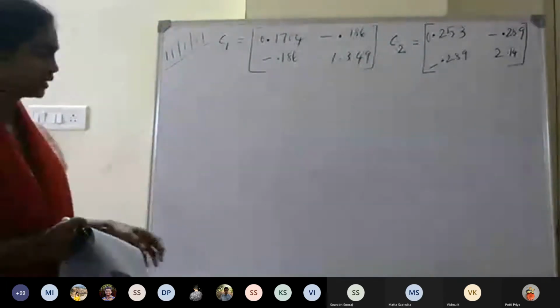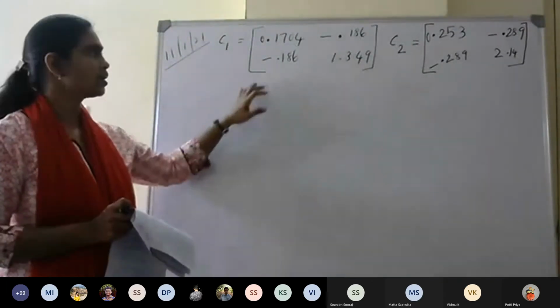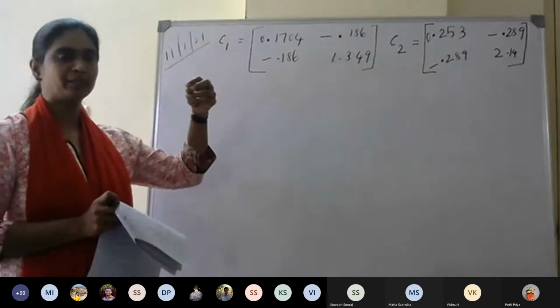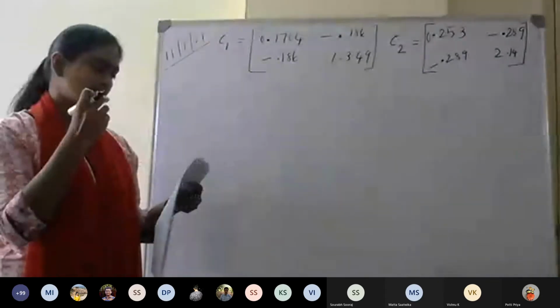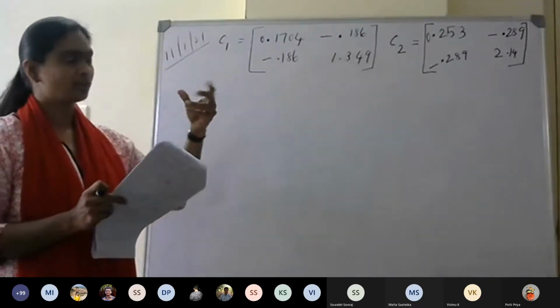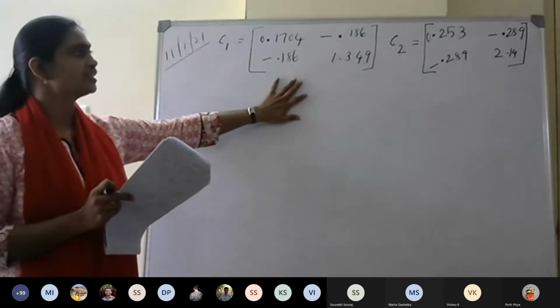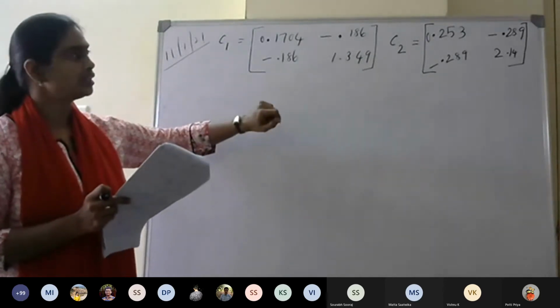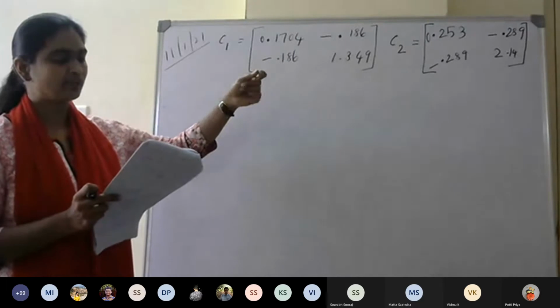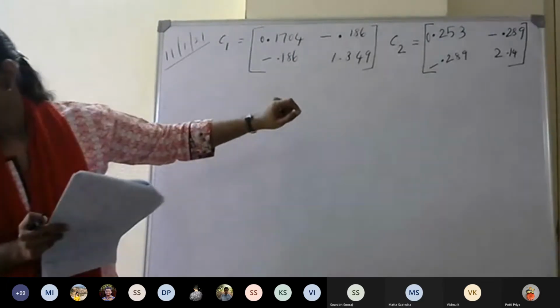Actually, when I calculated, I got these values only. There may be slight accuracy or approximation differences, but I got these values when I calculated. Maybe a minor calculation difference can come.